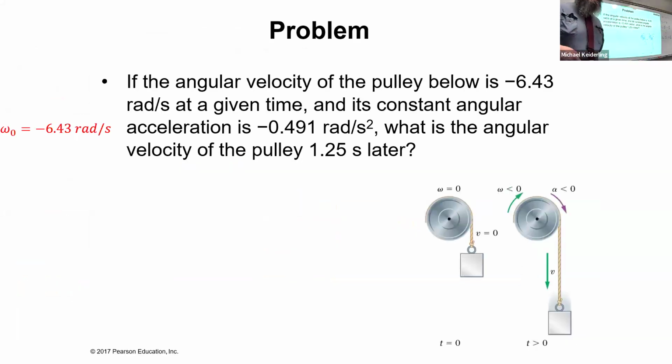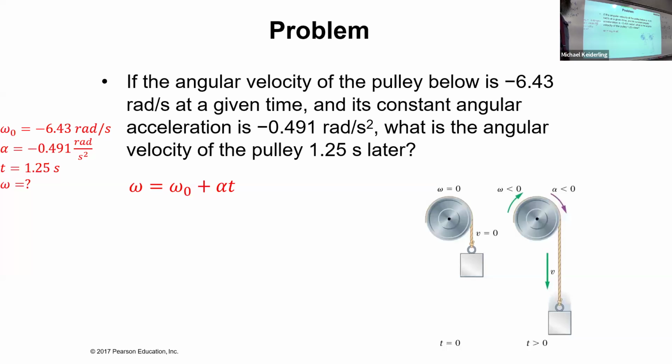Okay. So omega naught is minus 6.43 radians per second. Alpha is minus 0.491 radians per second squared. T is 1.25 seconds, and we want to find omega. Omega is equal to omega naught plus alpha t.